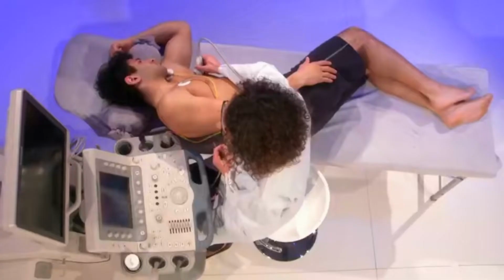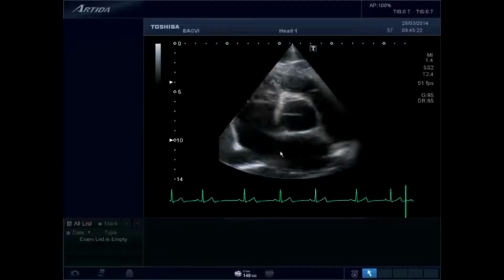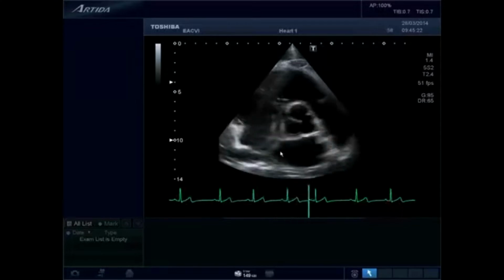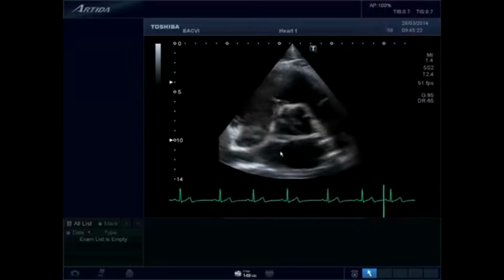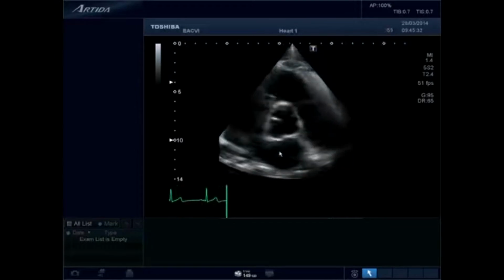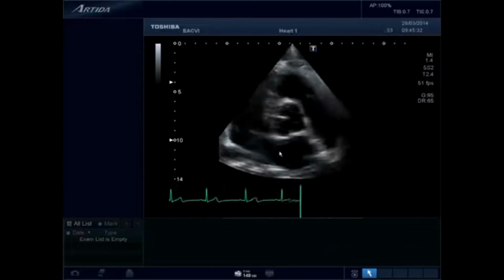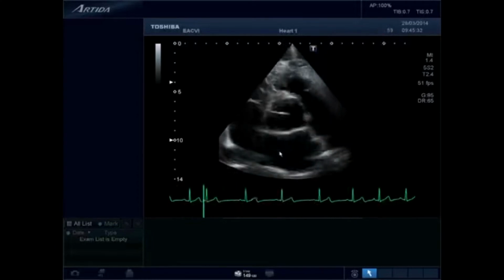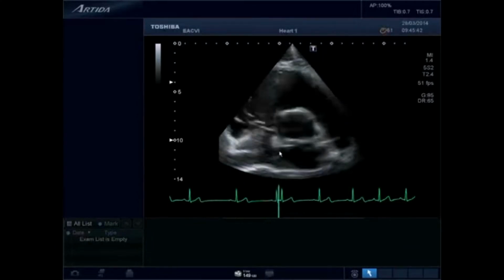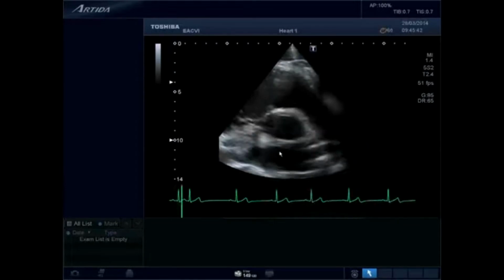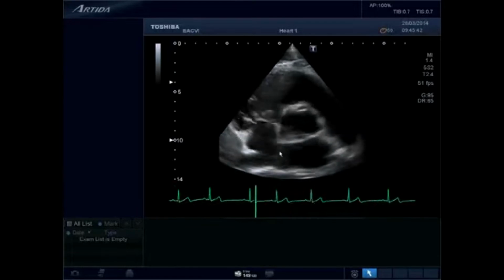And I will try to obtain a view that is focused on the aortic valve. So the first acquisition is focused on the aortic valve in order to be able to see the morphology of the valve, if it's a normal valve which is tricuspid, or if it's a bicuspid valve, or if there are abnormalities, and we need to do that in a systematic way.